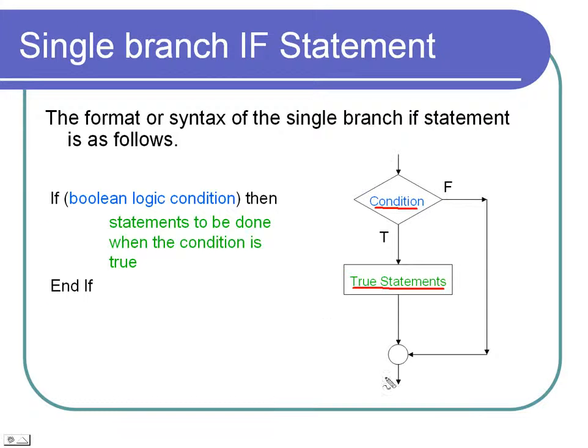This little setup on the flowchart shows this basic if statement over here. You have a condition part. If the condition is true, it's going to jump right into these statements. If the condition is false, it's going to go out around, and that's what this flowchart symbol represents.